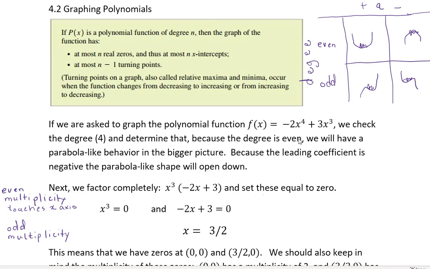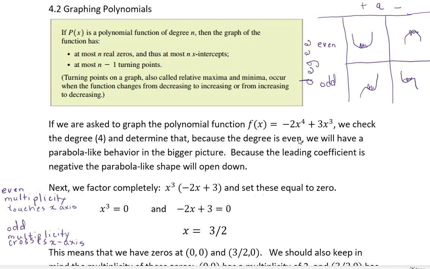For odd multiplicity, it crosses the x-axis. And I didn't mean to write over what I already wrote, but in this case, our odd multiplicity crosses the x-axis.